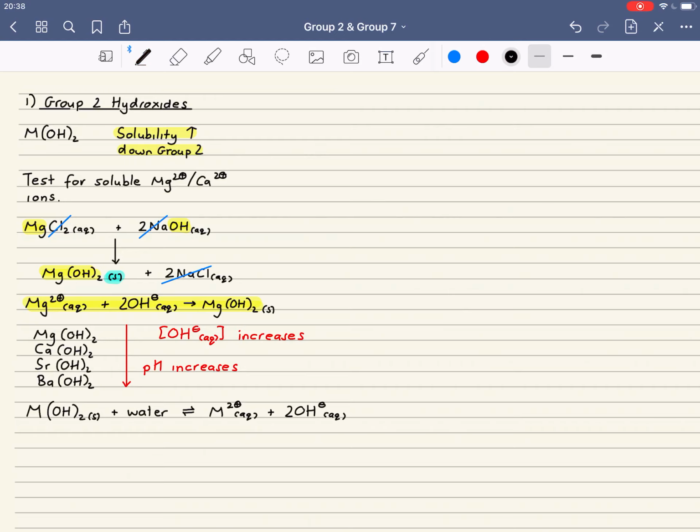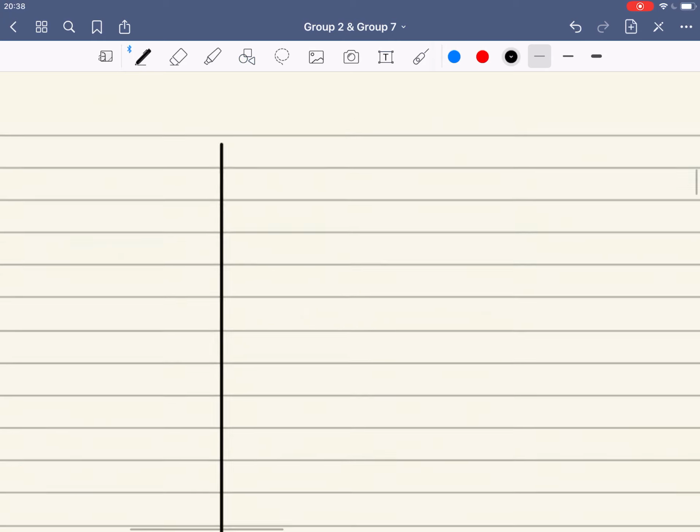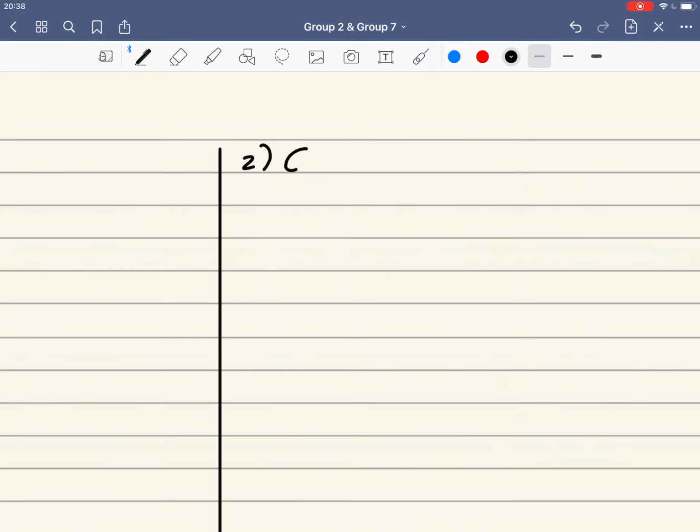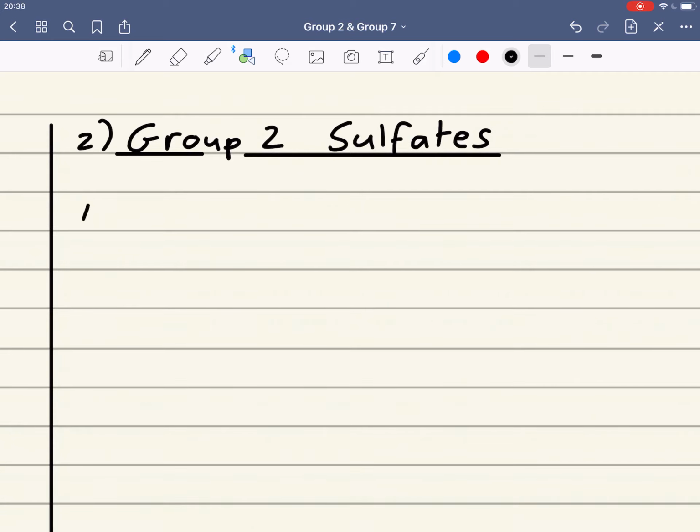We're going to take a look at now the next group 2 compound, which is group 2 sulfates. They've all got the general formula of MSO4.